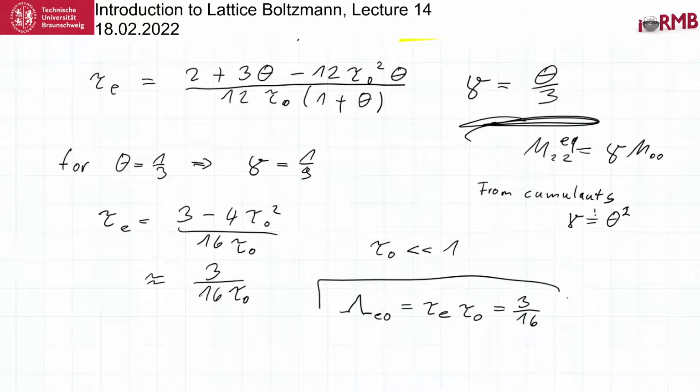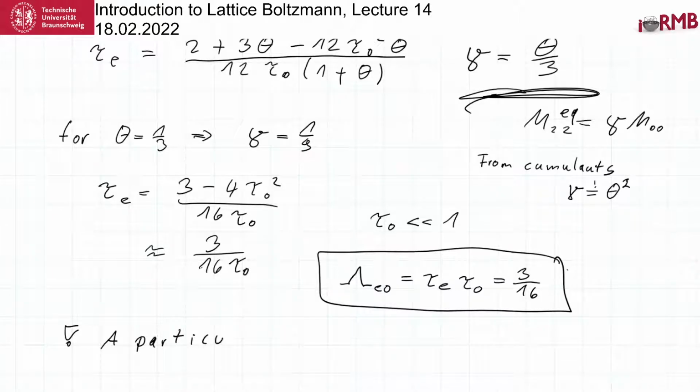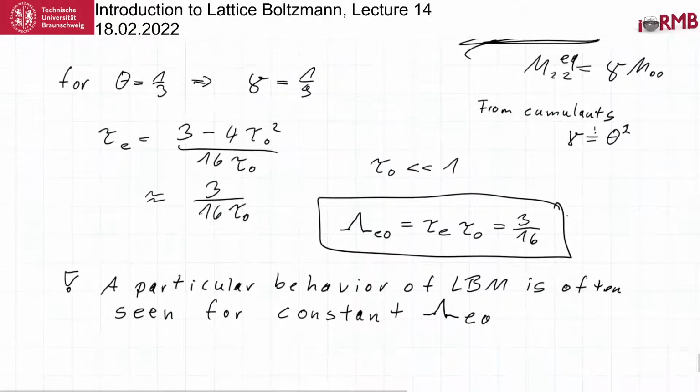So this is something that in the Lattice Boltzmann world is called the magic parameter, because a particular behavior of LBM is often seen nicely for a constant lambda even odd. And this is called the magic parameter.